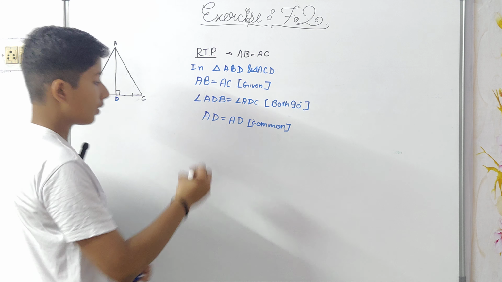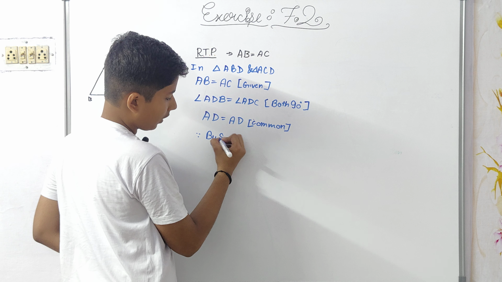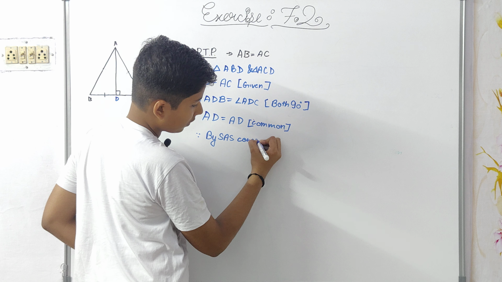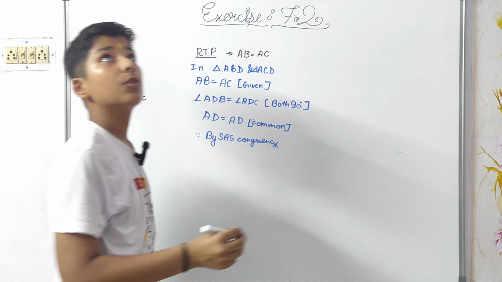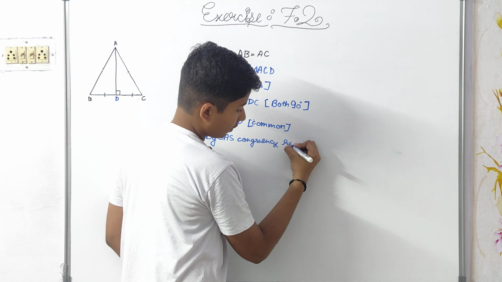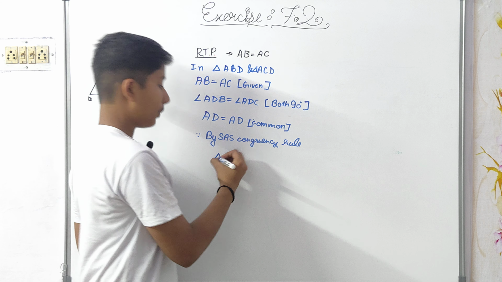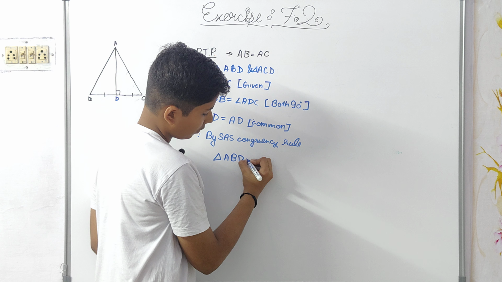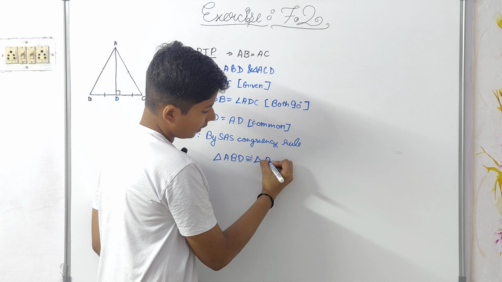Therefore, by SAS congruency rule, triangle ABD is congruent to triangle ACD.